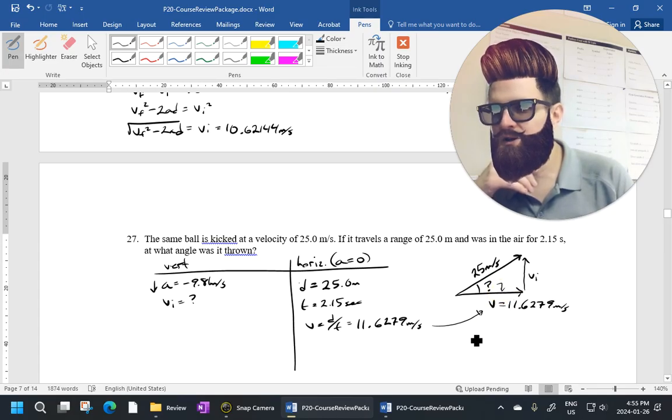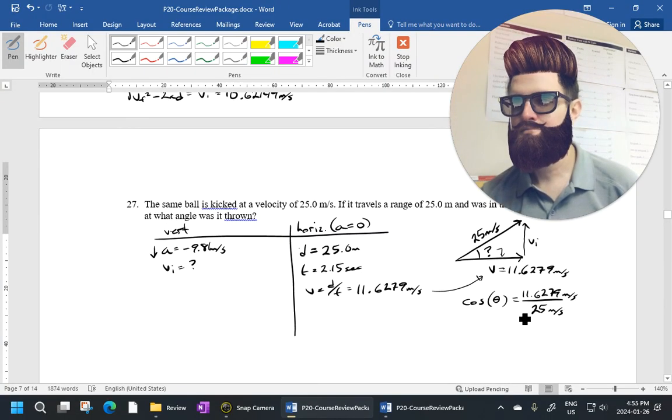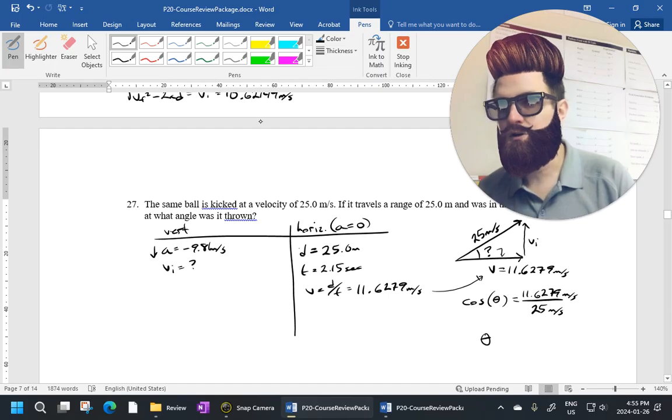We have the hypotenuse. I'm going to use cosine. I don't know theta, but I do know the two sides. I'll fill in as much as I can on my equation. But then I've got to figure out a way to move the cos over to the other side. To solve for theta, we've got to take the cos inverse of both sides. The cos inverse is going to cross that off, so I get theta by itself.